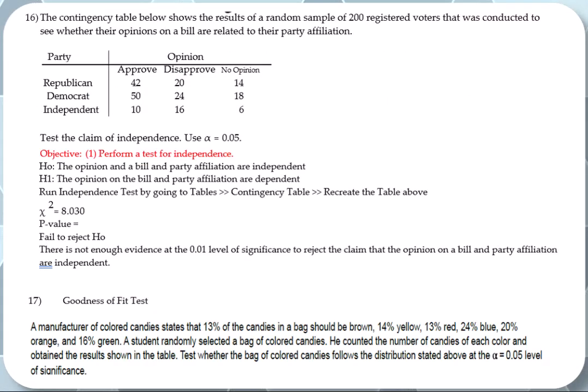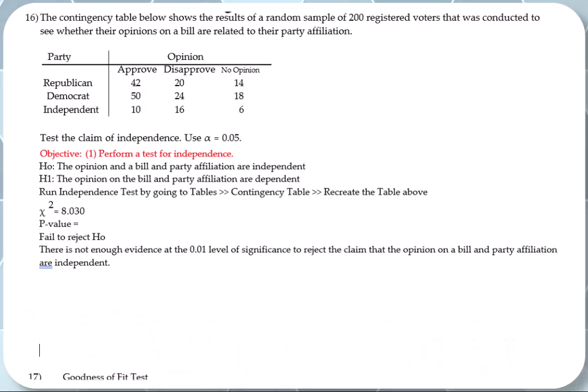The next question, which is the last one, is from chapter 12. It's about the independence test. The independence test is, he will give you two variables or two categories, and he'll ask you to test whether those categories are related or not related, independent or dependent.